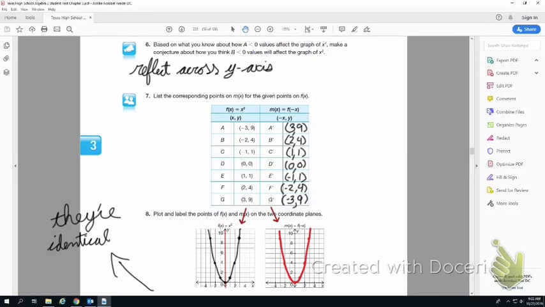Where this reflection is going to come into play, most of the time, if you look up here, let's say I give you that graph, and then I tell you that I want it reflected across the x-axis, then you would put it right there. Or sorry, across the y-axis, not the x-axis.